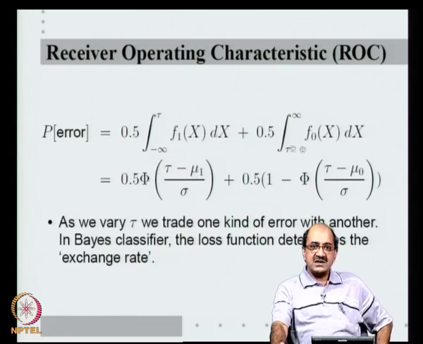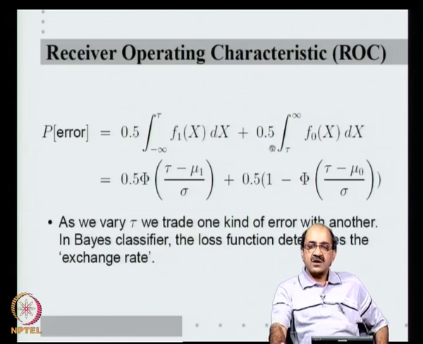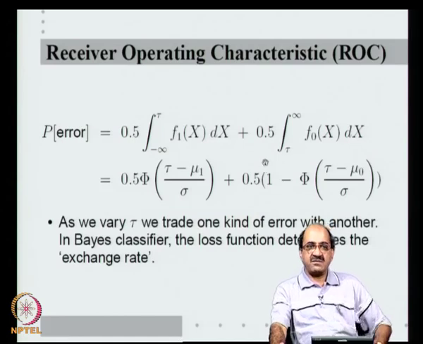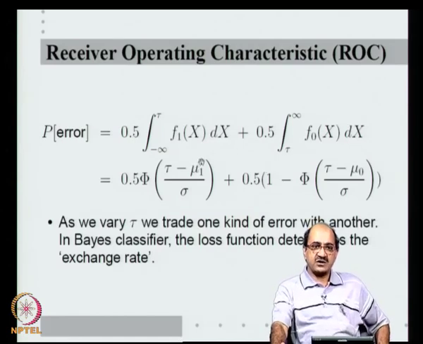So, what we can see from this expression is that as I vary tau, the probability of one kind of error may increase and the probability of the other kind of error will decrease. So, essentially, varying tau allows us to trade one kind of error with another. The base classifier, because there is one loss associated with one kind of error and another loss associated with the other kind of error, fixes tau based on this weighted sum of losses.